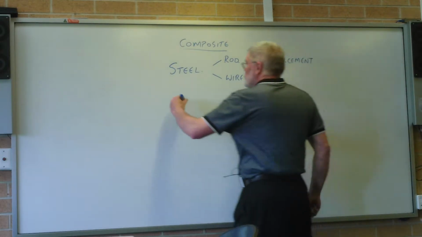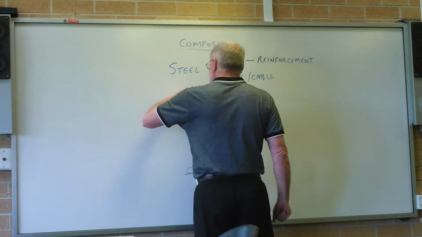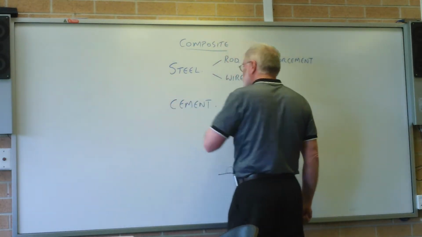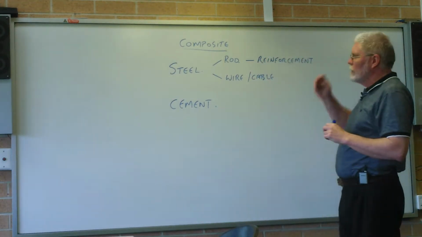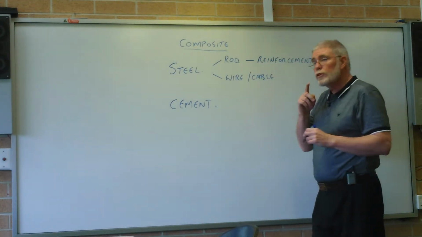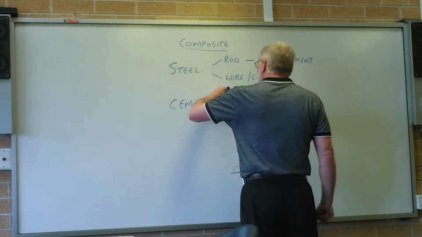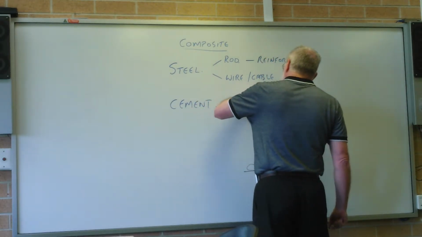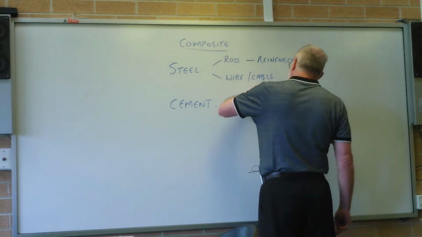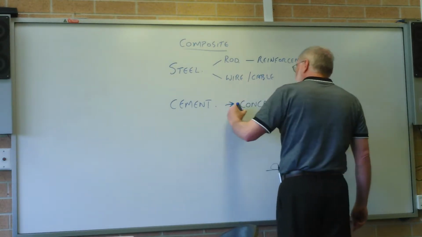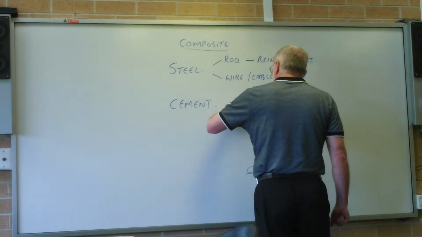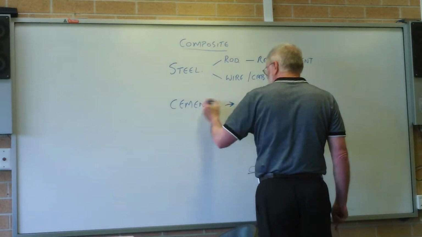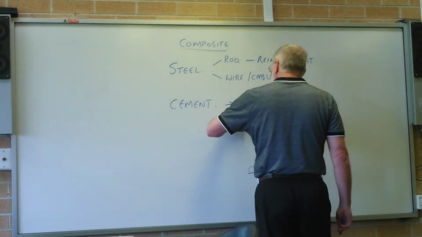So the other one is cement, which is the thing I've just been talking about. Cement becomes concrete only when you add, so you turn it into concrete, which is a different word altogether obviously, by virtue of adding sand, the cement and the sand, and some sort of aggregate.